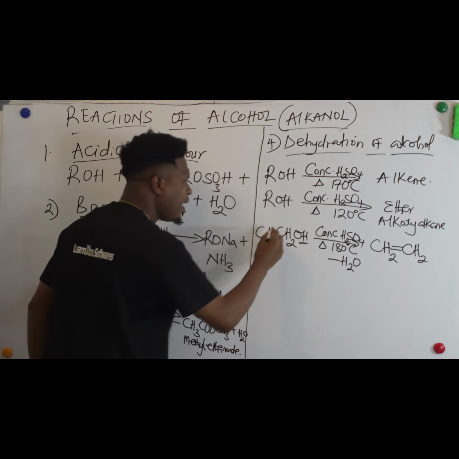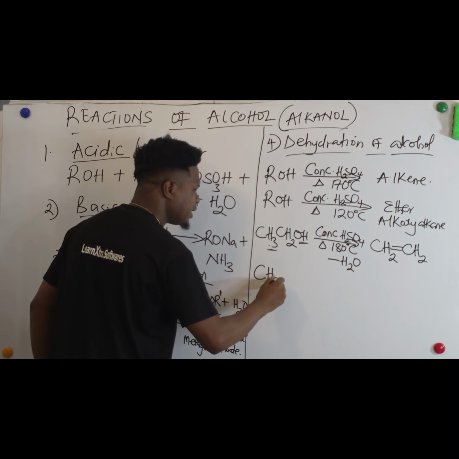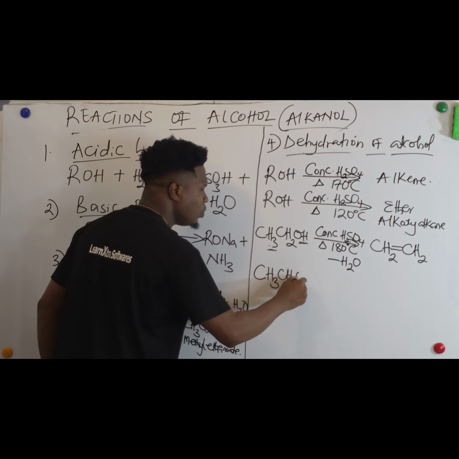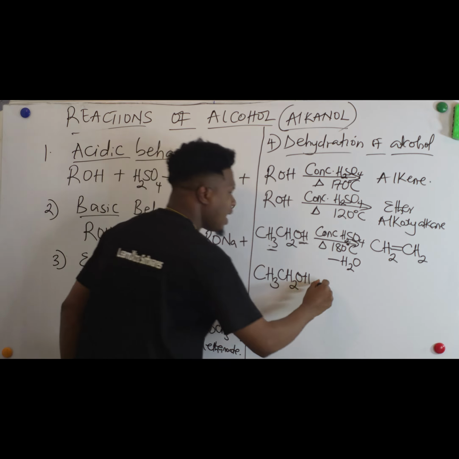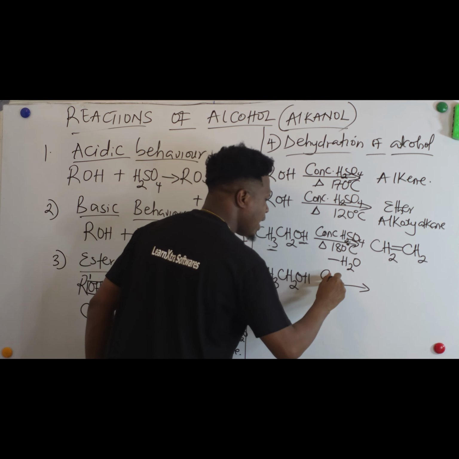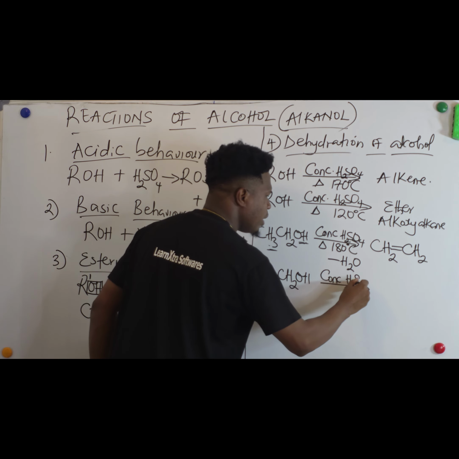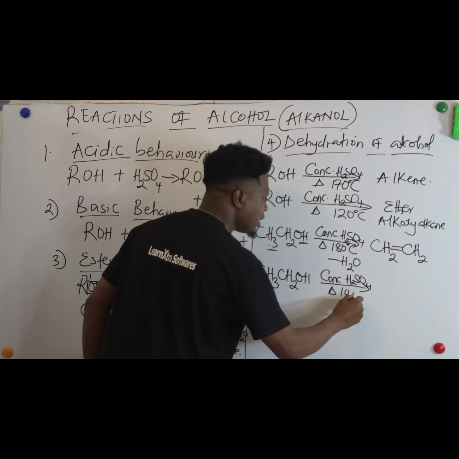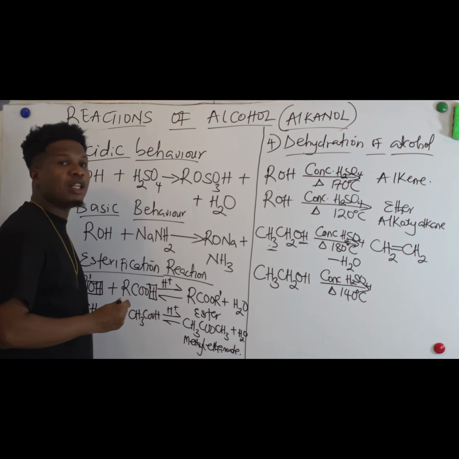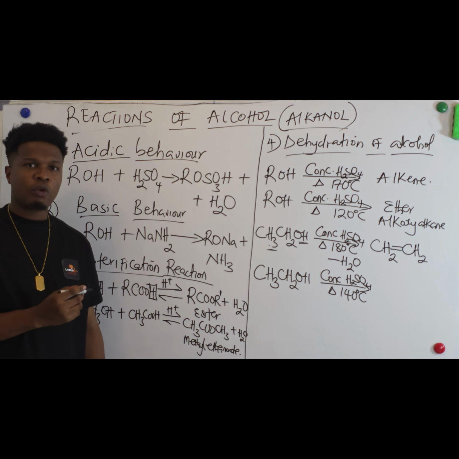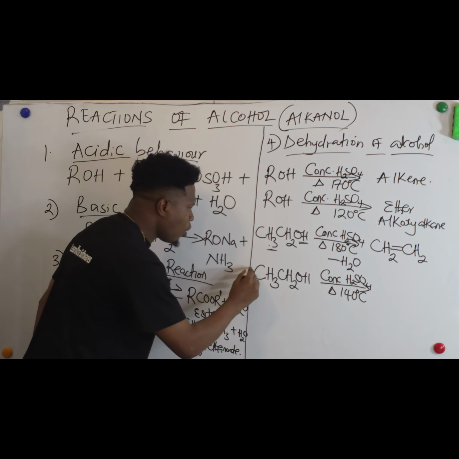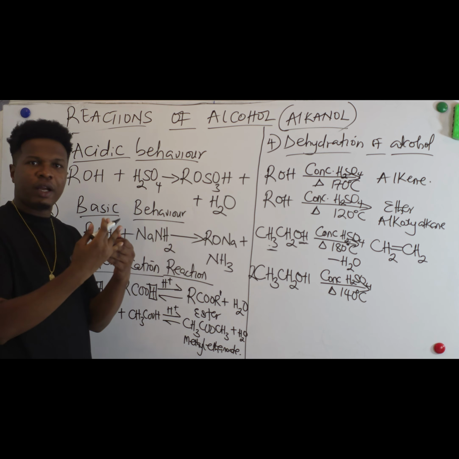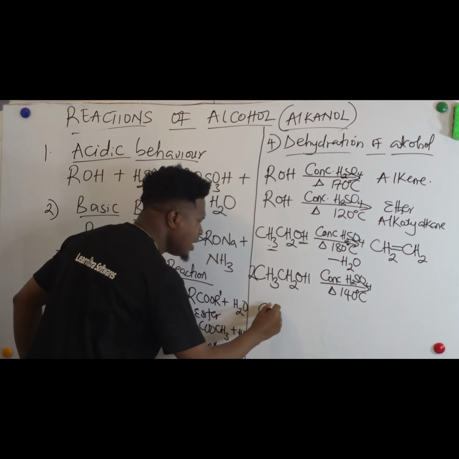But if I have CH3CH2OH, and this same reaction at a low temperature, with concentrated H2SO4 at a temperature of, let's say, 140 degrees C, this reaction will lead to the formation of an ether functional group. What will happen is that two molecules of this alcohol will react.